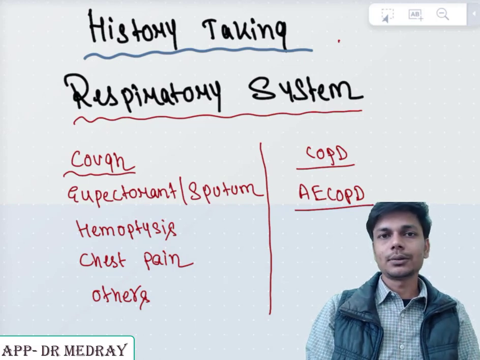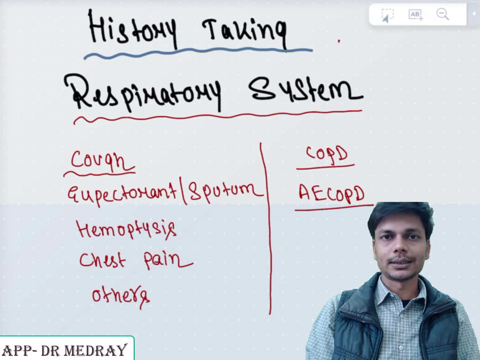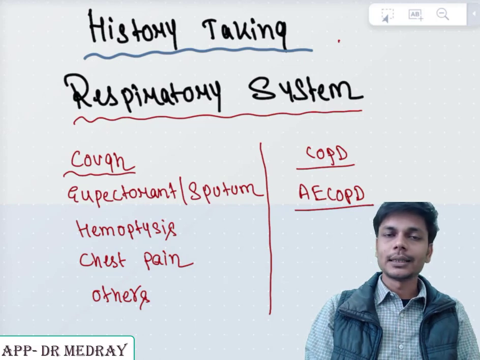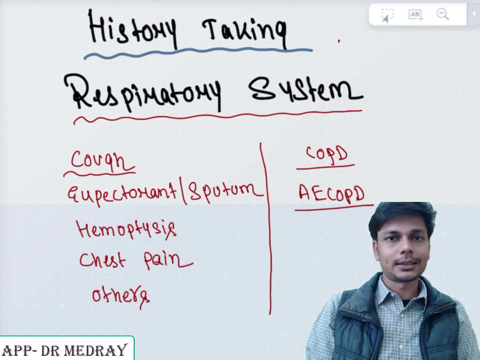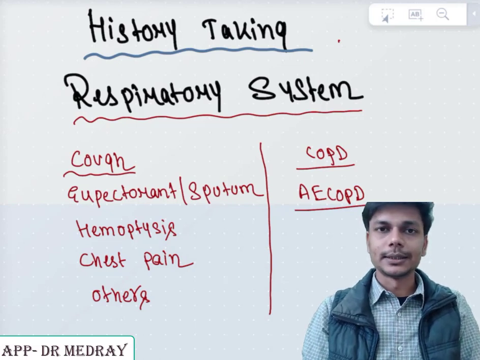So the basic 3 rules in history taking: first, you have to elaborate the chief complaint in order to go in a line of diagnosis. The second important point is to take negative history to rule out disease of the other system or disease of the same system, that is your differentials. What are your differentials for cough? We know cough is caused by many pathologies.